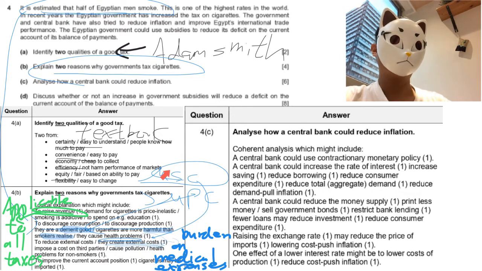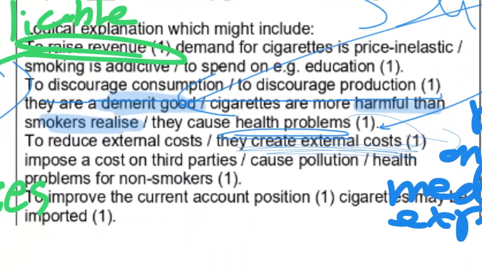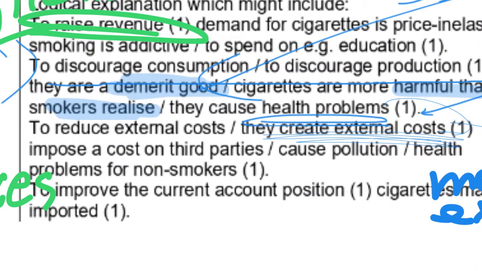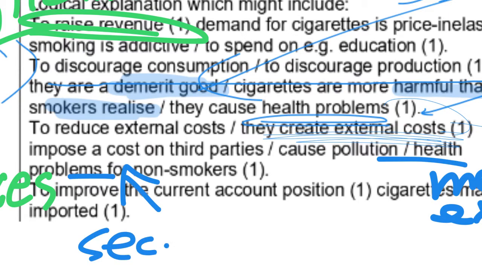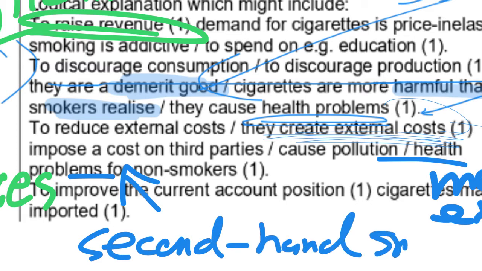The marginal social cost is greater than the marginal private cost. There are external costs like pollution, or health problems for non-smokers. So this one, health problem for non-smokers, you may say it's what we call second hand smoke.